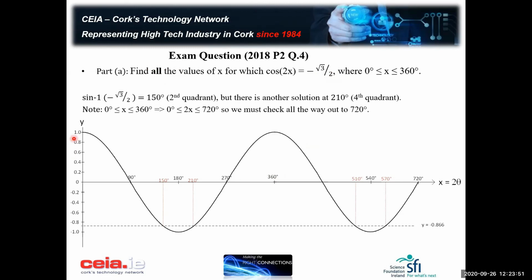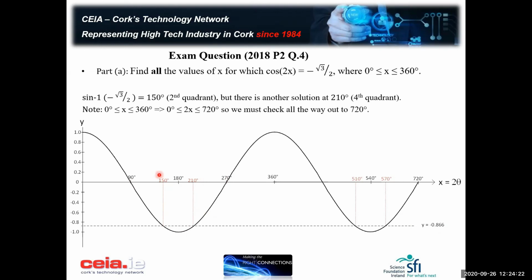So if we were to plot the cosine function, or alternatively just draw it on a unit circle, you'll see that this value of minus root 3 over 2, which is minus 0.866, will cut through the cosine wave somewhere in the second quadrant, and again somewhere in the third quadrant.